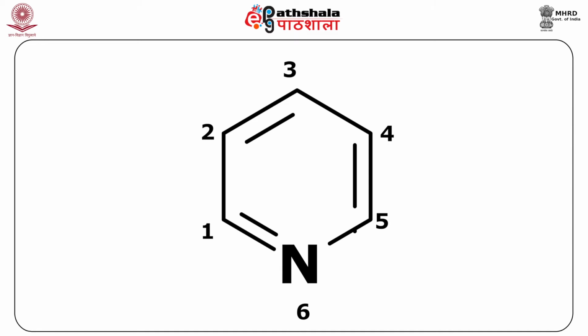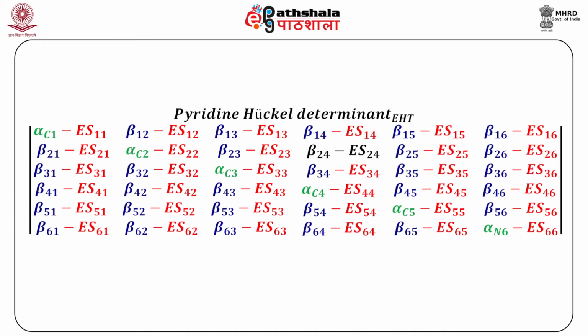Taking all these features into account, the pyridine Hückel determinant under the extended Hückel method can be, as you can see, first row, alpha C1. That means the alpha value of carbon atom 1, minus ES11. That's very obvious. Next is beta 1,2, which represents the corresponding bond 1,2, beta 1,2 minus ES12, then beta 1,3 minus ES13, and so on up to beta 1,6 minus ES16.